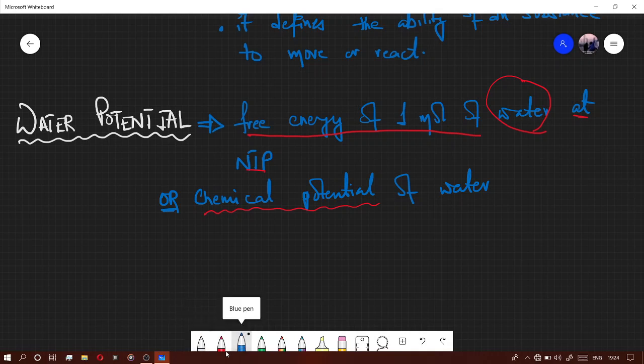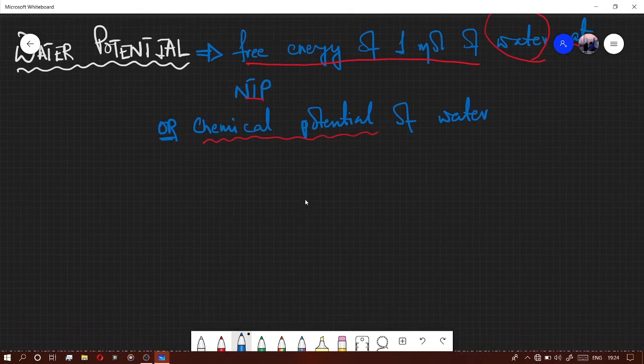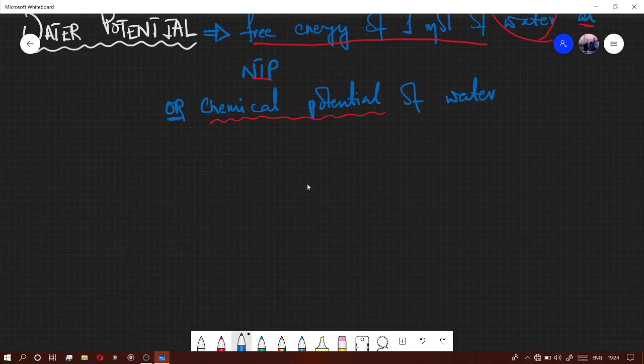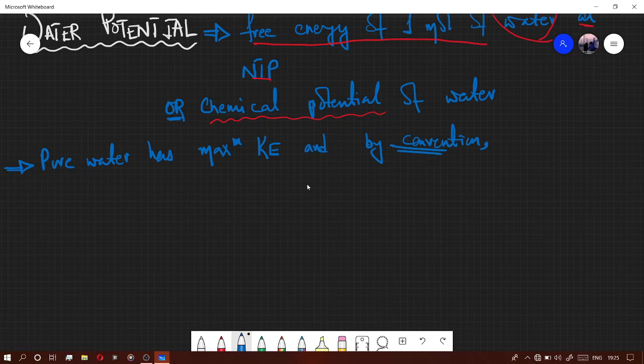Water potential. So let's go blue and swipe down a bit and start. The molecules of water. Let's state a fact: pure water has maximum kinetic energy, and by convention we take that for pure water at NTP, psi W, that is water potential, is taken as 0, which is the maximum value.